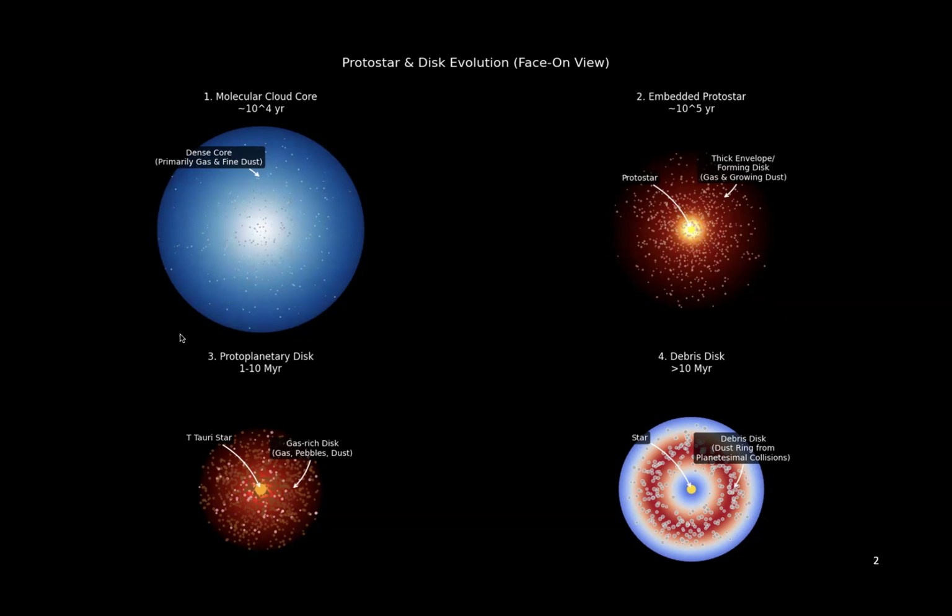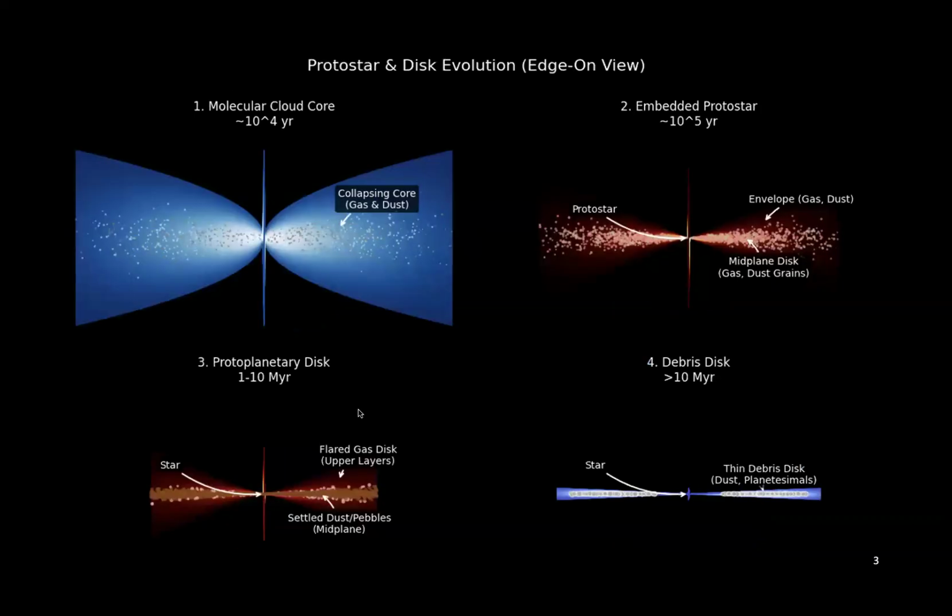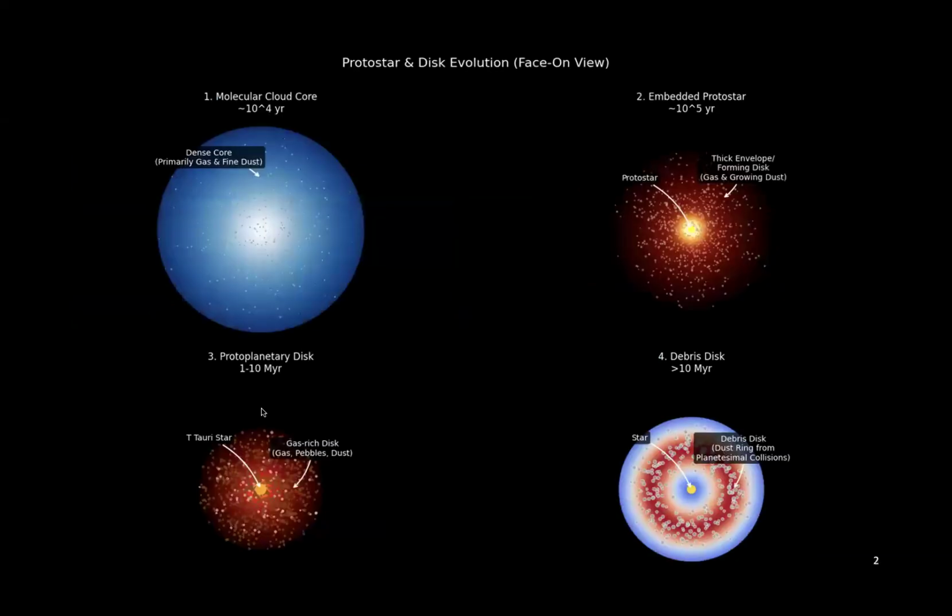And then when time goes to millions of years, we start to form a protoplanetary disk, which means that the disk will start to align in a single plane instead of the spherical shape. So it's happening around 1 million years to 10 million years.